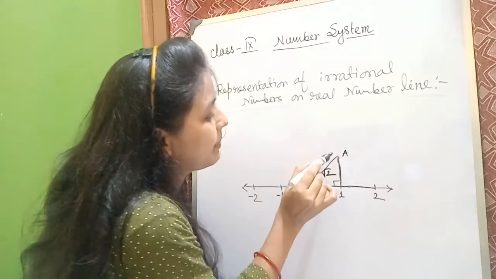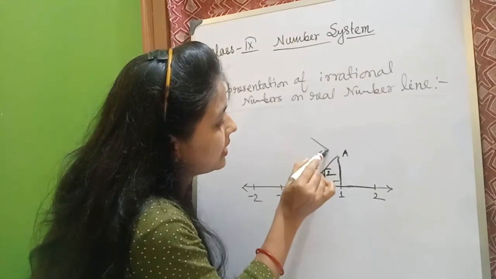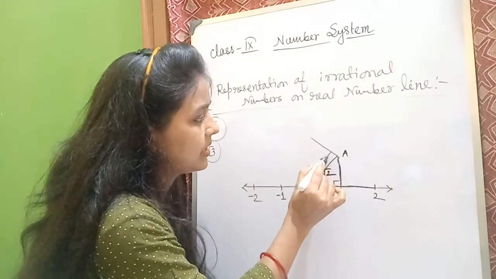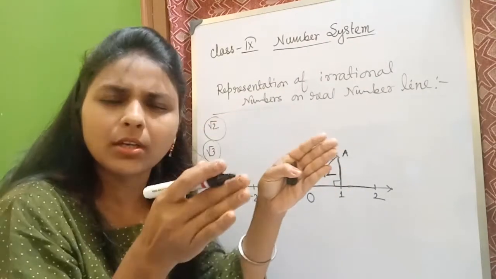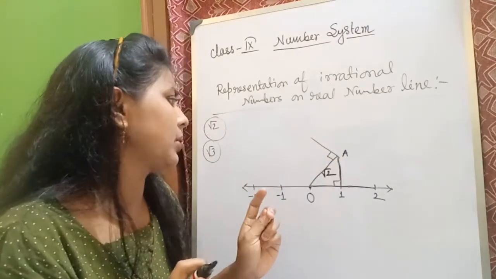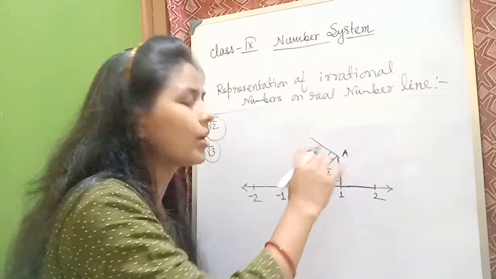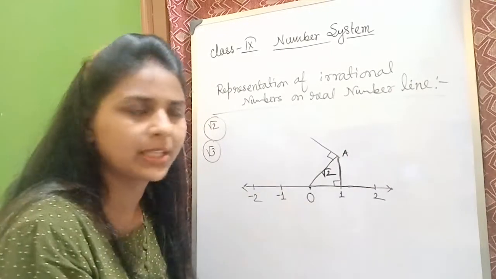Then we will draw a unit-size perpendicular on OA. This one will be 90 degrees. So you just turn your copy a little bit and place a protractor over there, or you can draw 90 degrees by compass also, no issue with that.